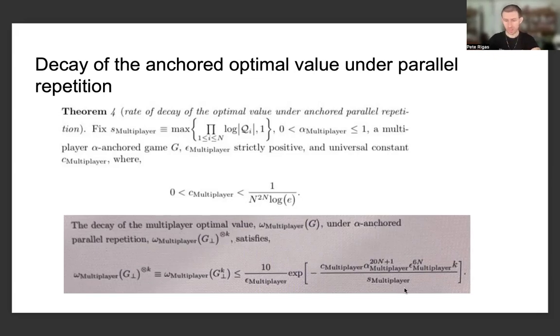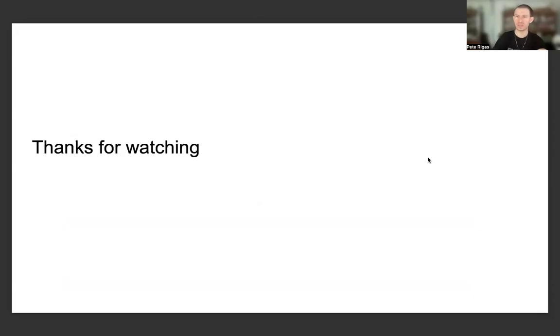But still, this numerator of the power of the exponential is normalized in S multiplayer, namely the maximum between 1 and the logarithm of the cardinalities of these question sets distributed to each one of the big N players. And thanks for watching.